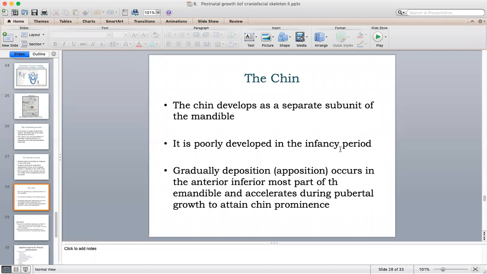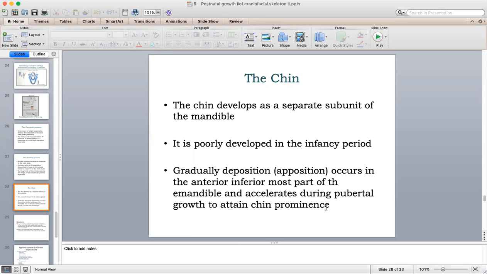So the lower part of the chin becomes more prominent, whereas just above the prominent chin, below the lip, there is a depression. So that area is resorptive. This resorption and deposition gives a definite shape to the chin. And chin growth is more enhanced in adolescent males as compared to females.